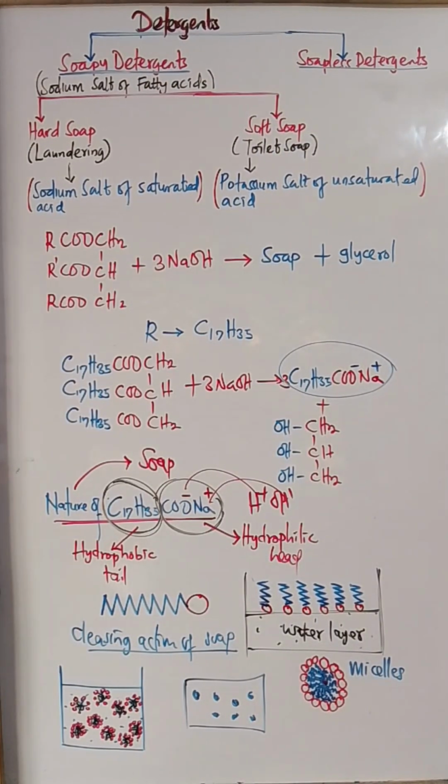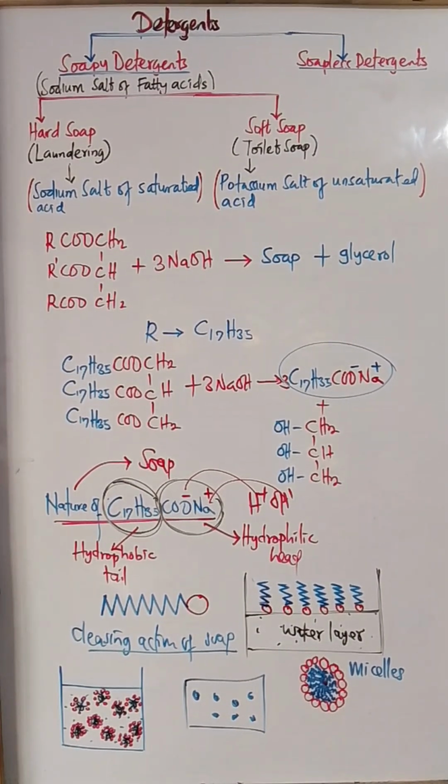From their structure, they are made from alkyl benzene sulfonate, abbreviated as ABS. Benzene compounds are aromatic, so they form cyclic structures, not straight chains. But currently detergents are manufactured with straight chain hydrocarbons, which are biodegradable.